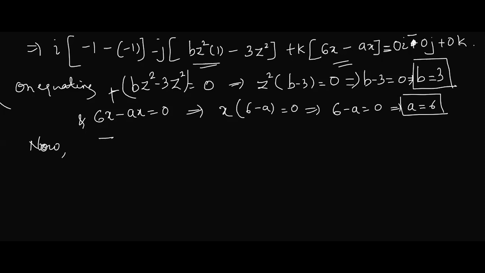First, del phi is equal to vector f. Del phi means what? Gradient of phi, del phi by del x i, del phi by del y j, del phi by del z k.